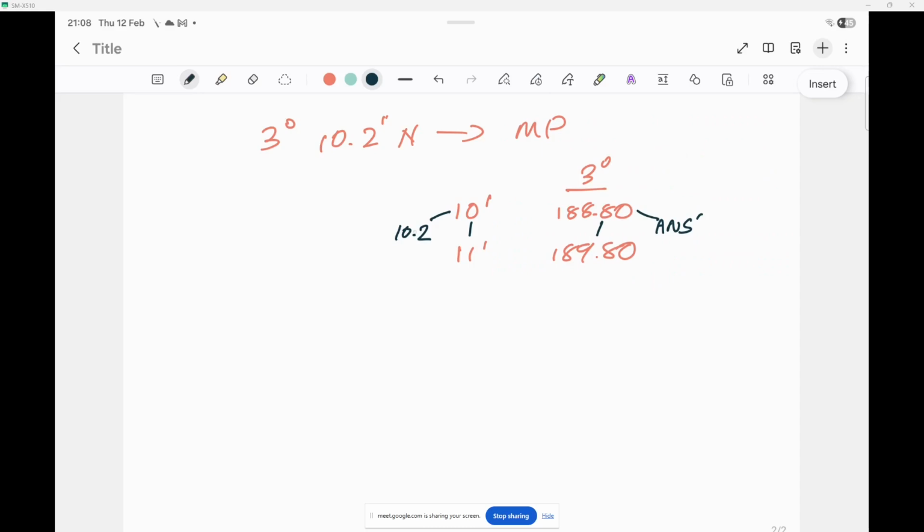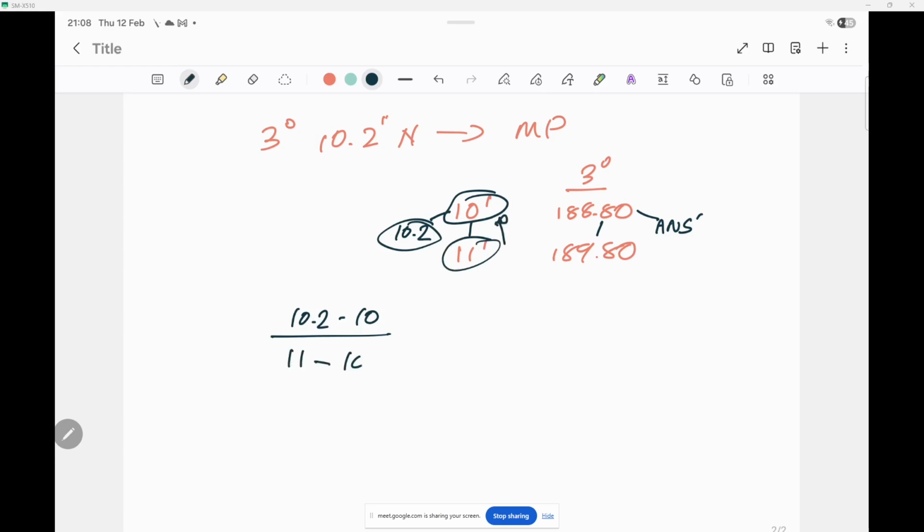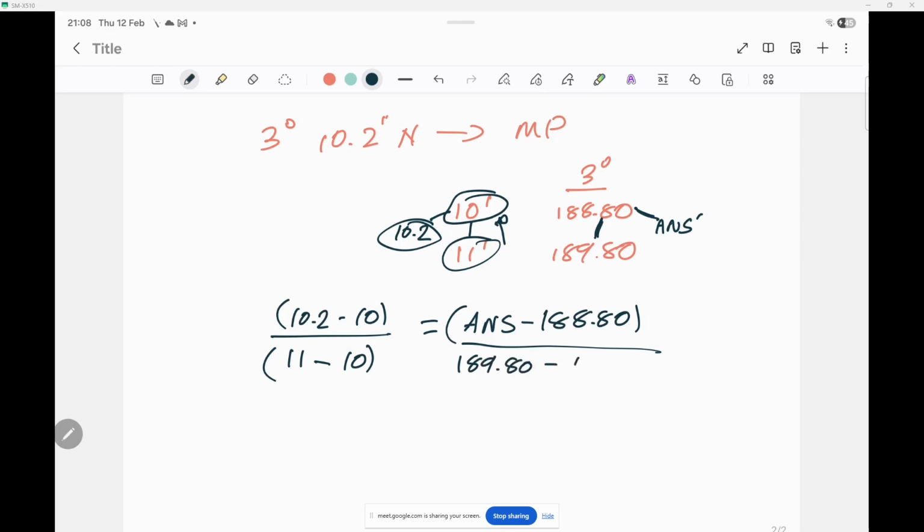This one minus this one, which is 10.2 minus 10, divided by 11 minus 10, equals this one, answer minus 188.80, divided by 189.80 minus 188.80.